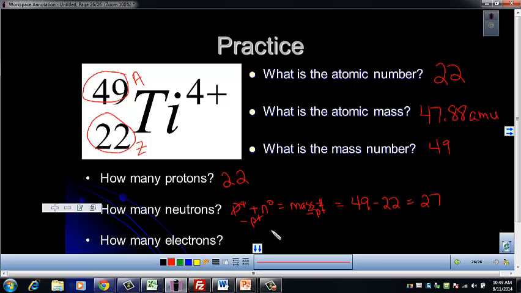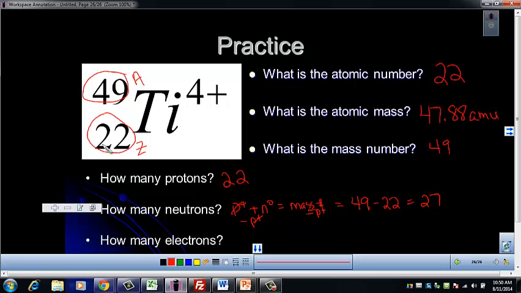Now, when it asks about electrons, remember that if it's a neutral atom, so there's no charge, the protons are equal to the electrons. In this case, because there's a charge, there's an imbalance in the protons and electrons, and this one's a tough one. So if you know that it's positive, you know that it must have more protons. We know that it has 4 more protons.